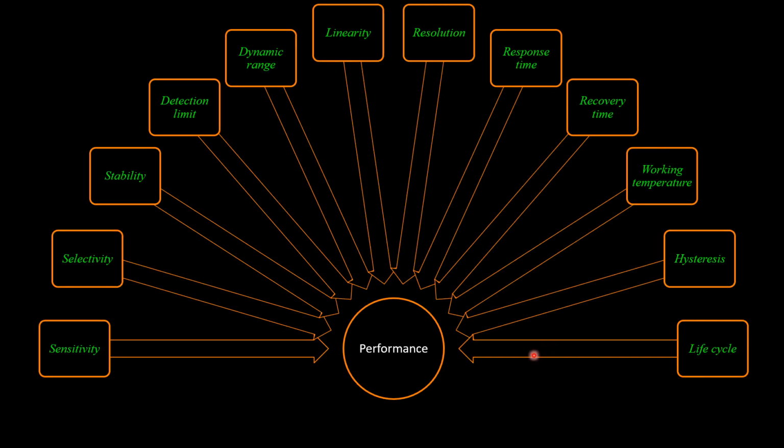So here we see the factors that could influence the performance of the sensor. There are several factors or parameters commonly used in the sensor community, particularly in chemical sensor journals, articles, or scientific reports.